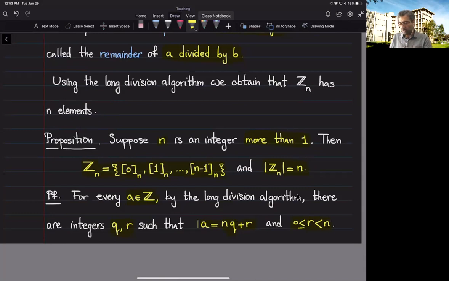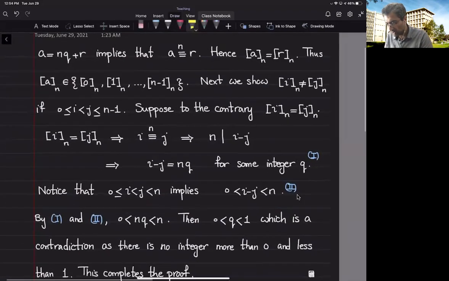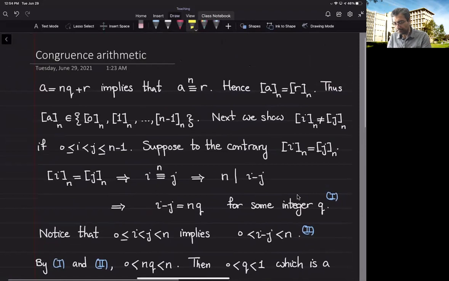Now, knowing that a is nq plus r means that a minus r is a multiple of n. That means a is congruent to r modulo n. Okay, so let's say it again.